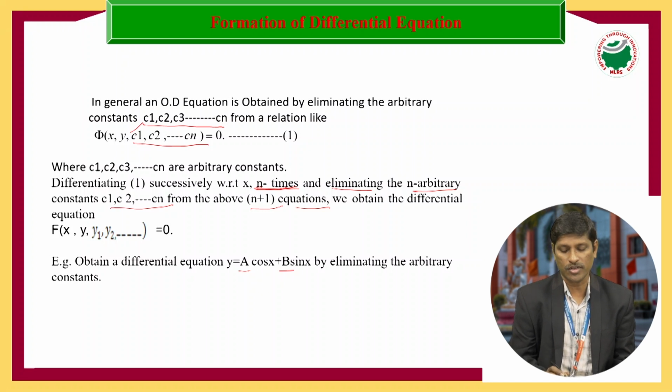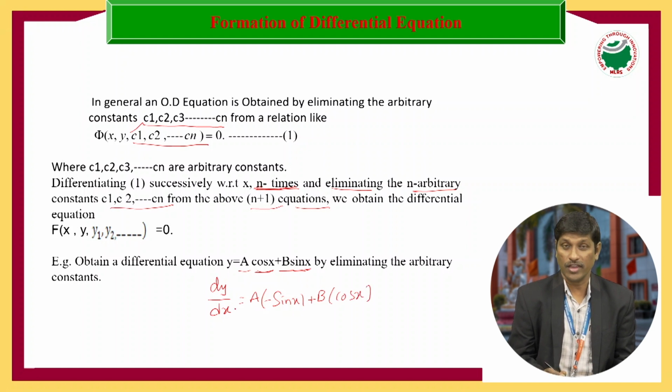So first one time derivative, dy by dx is equal to a, a constant, into d by dx of cos x. The derivative of cos x is minus sin x, plus b into the derivative of sin x, which is cos x, right?